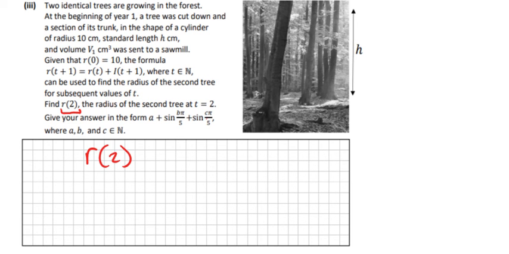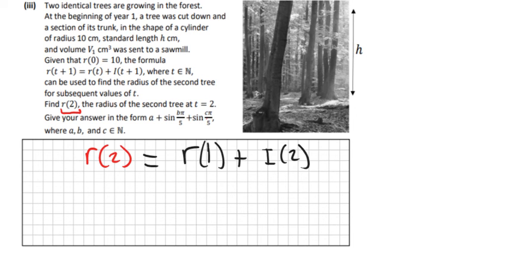So if you think about it, R2 is going to be R1 plus the increase in year 2. So we want what the radius is after year 1 plus what it increases by in year 2.